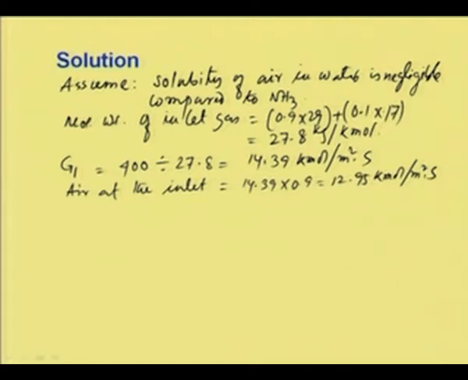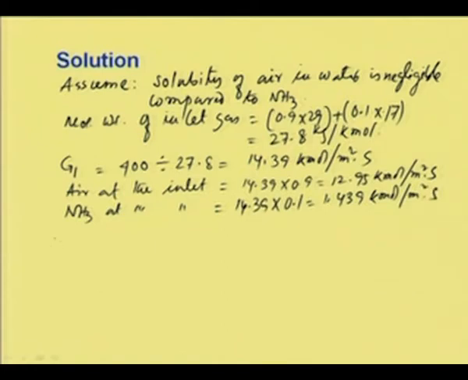Ammonia in the feed at the inlet is equal to 14.39 into 0.1, which is 1.439 kmol per meter square second, the ammonia inlet rate.